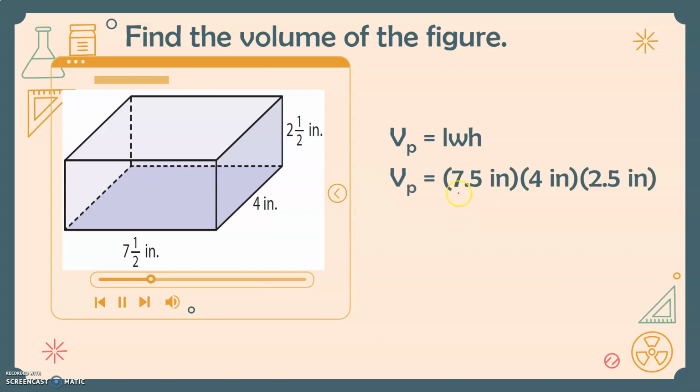So in our substitution, we'll write 7.5 instead of 7 1/2. Okay, so we have 7.5 inches times 4 inches times 2.5 inches. And that is equal to 75 cubic inches.